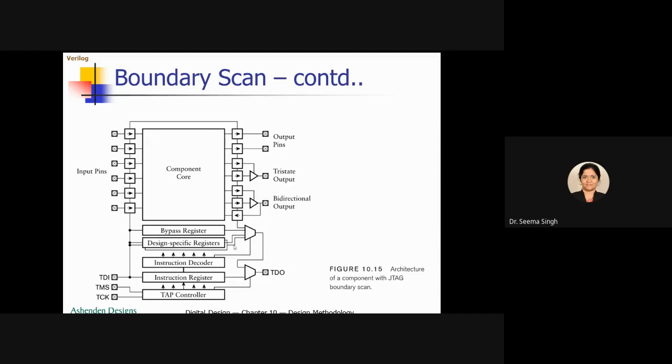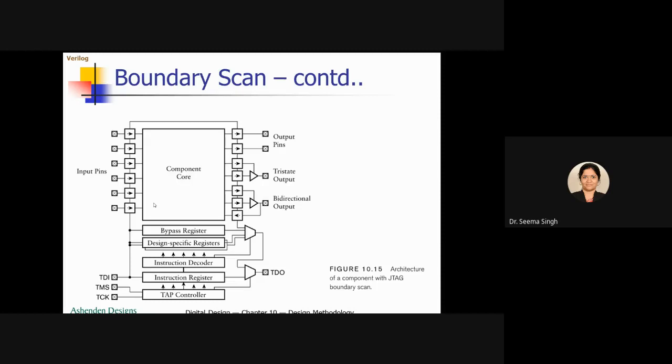Along with this, all the registers we had given are connected to this mux, and finally it comes out as TDO, which can be checked to see whether the proper pattern has come or not. So this is the internal, more detailed component connection architecture when we do JTAG boundary scan.